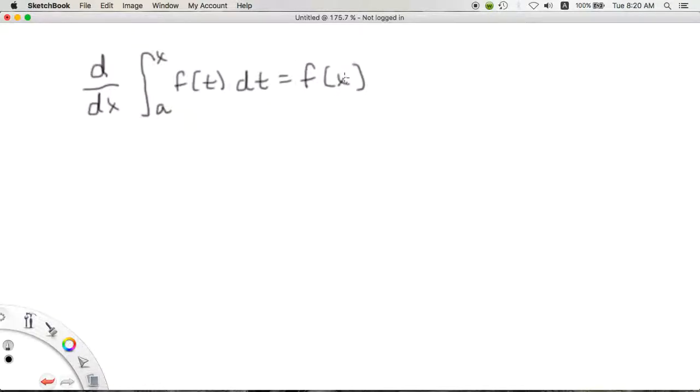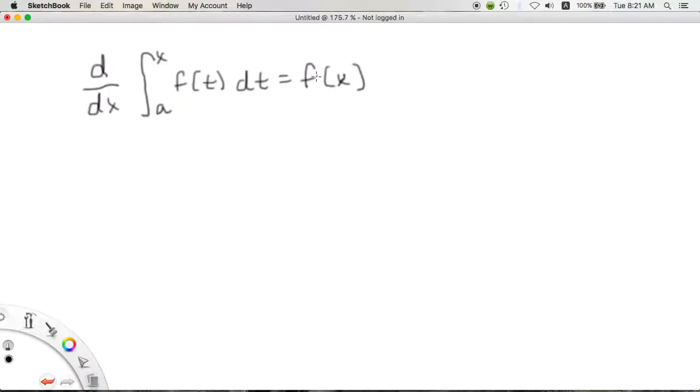All right, one last thing. You can relate derivatives and integrals. If you take the derivative of a definite integral, then you get the function. Now we're basically just introducing it in this one.